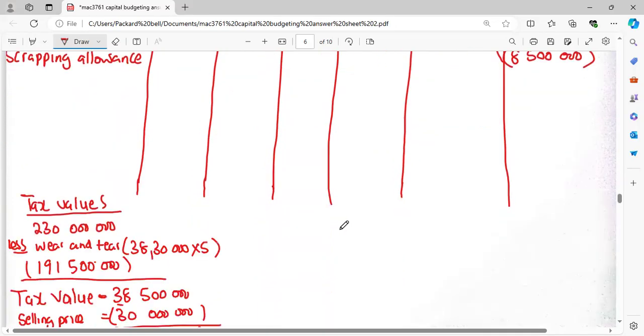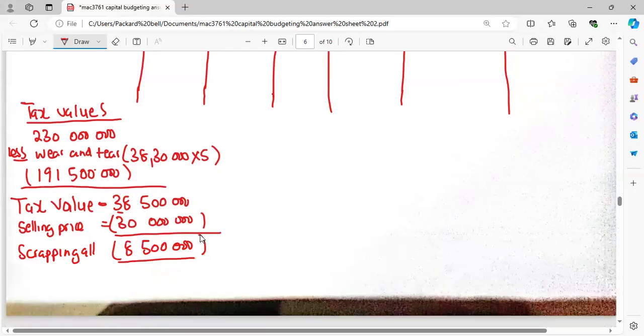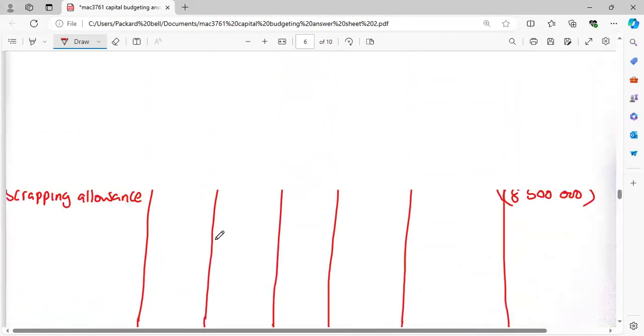Whenever there is a residual value of the asset at the end of its useful life, for tax purposes you must determine if there is going to be a scrapping allowance or a recoupment. Anything else that we need here?